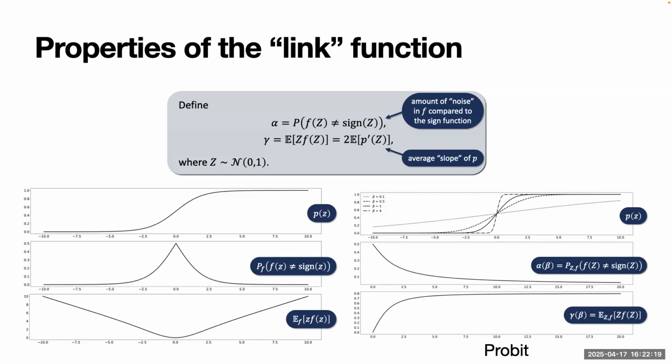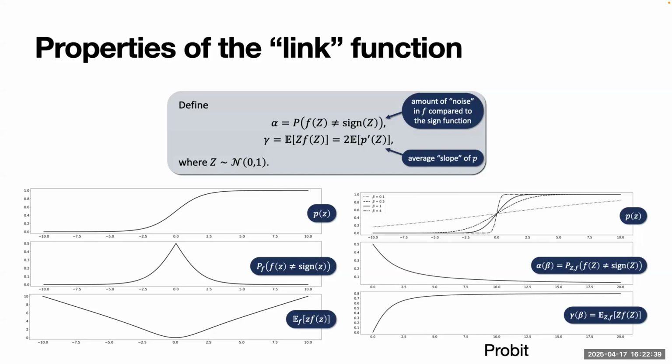This is quantifying the noise in the half spaces. Then we take the expectation of that with z being a standard normal random variable. That's my parameter alpha. This is some sort of noise parameter.